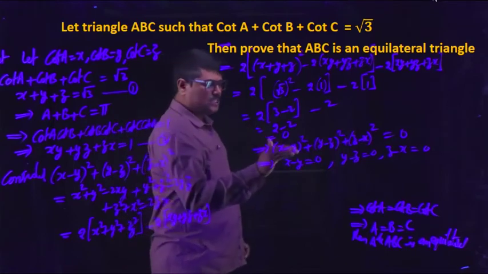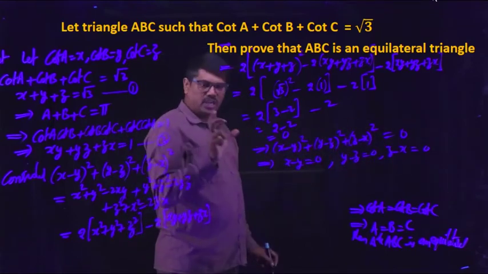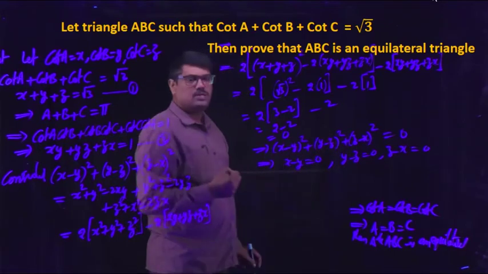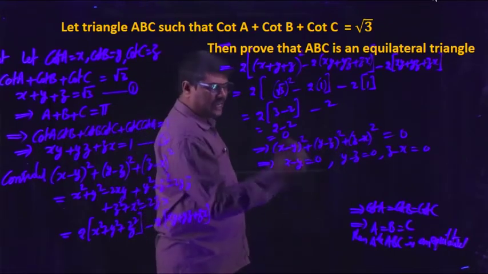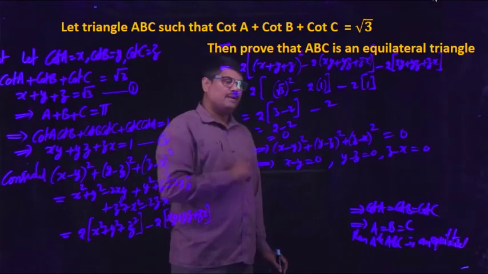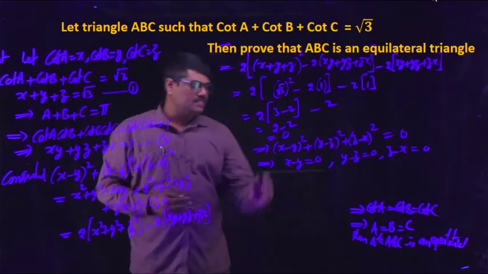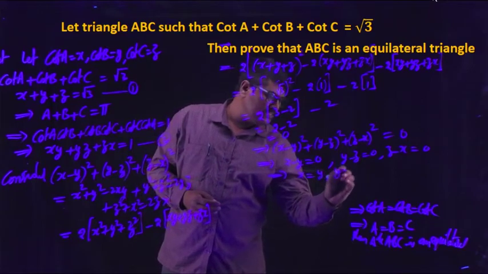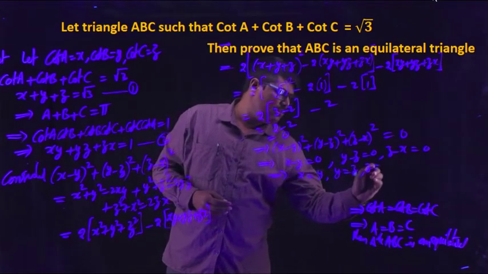The expression value becomes 0 if and only if each part of the bracket value is 0. So by that you will get x − y = 0, y − z = 0, z − x = 0, so that x = y = z and z = x.